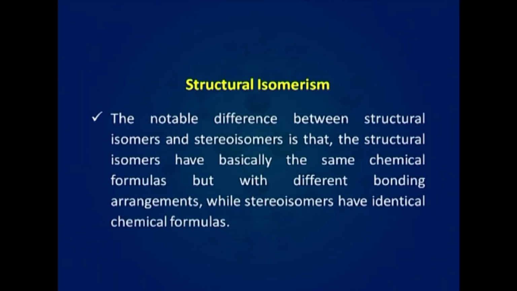Structural isomers, as their name implies, differ in their structure or bond type. This is different from stereoisomers, which differ in where the ligands are attached but still have the same kinds of ligands attached. The notable difference between structural isomers and stereoisomers is that the structural isomers have basically the same chemical formulas but with different bonding arrangements, while stereoisomers have identical chemical formulas.